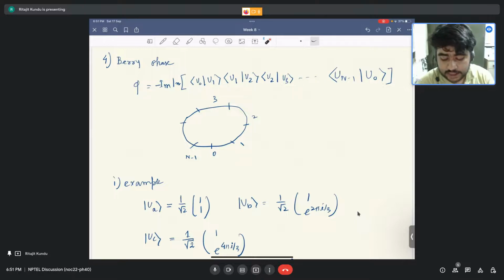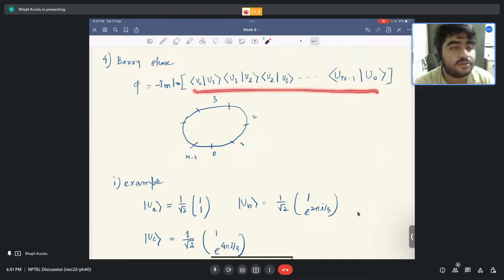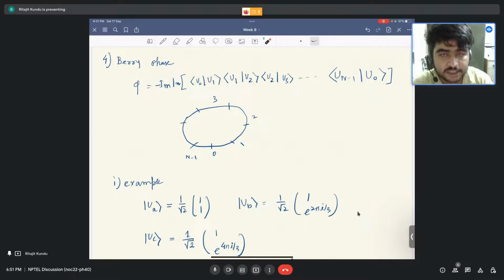So let's say the Berry phase, so this is one form of the Berry phase. So the Berry phase is given in terms of a long chain of inner products. Okay, so this might look very intimidating to you, but let us just break this down. So let's say this is my path, okay, on some parameter space, and this path is discretized into some number of points. So I have n number of discretization on this path, and I have indexes 1, 2, 3, 4 and n minus 1, like that.